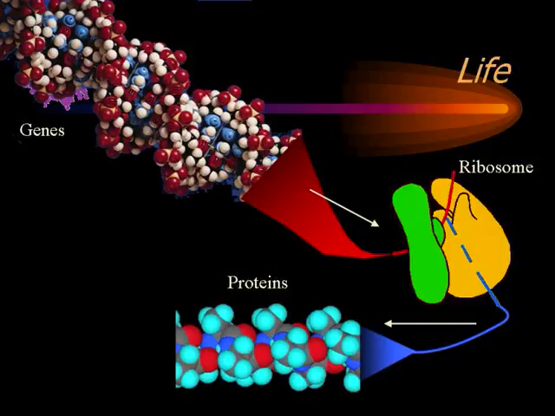The ribosome is actually a combination of genes and proteins. It's a strange and extraordinary piece of machinery, and it works to build up a long chain of amino acids. And the amino acids, once they're put into water, they fold themselves up.